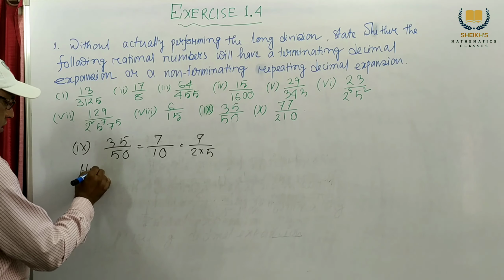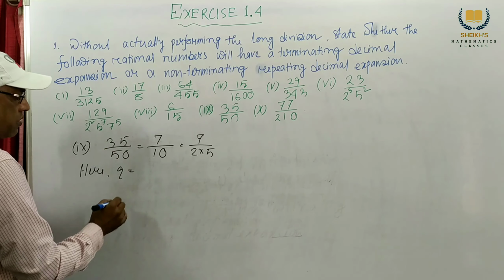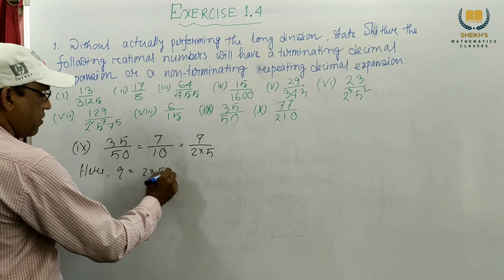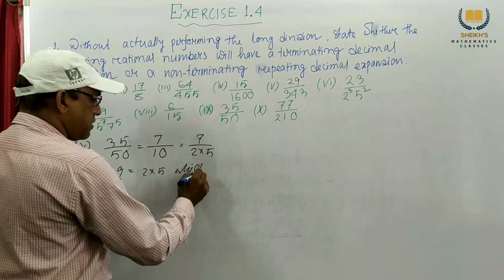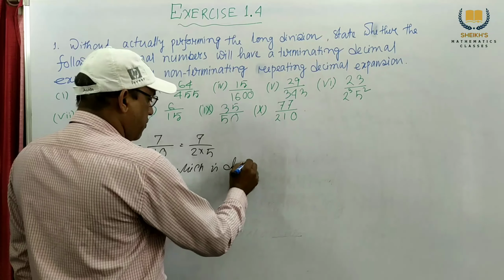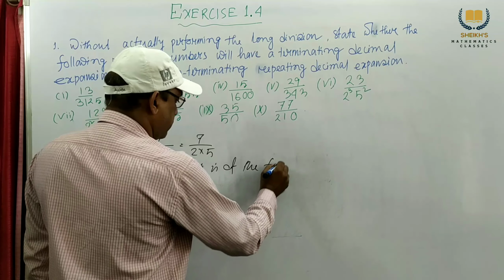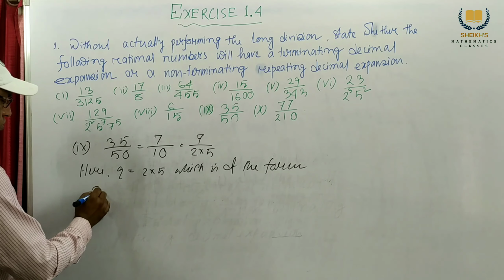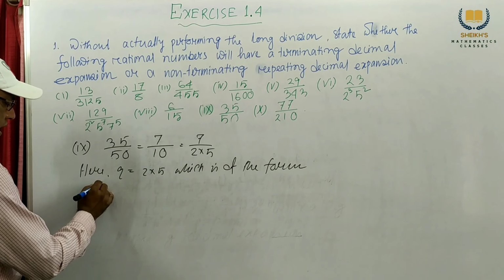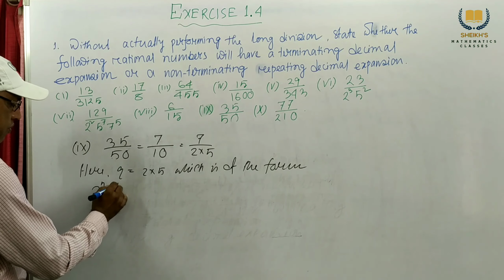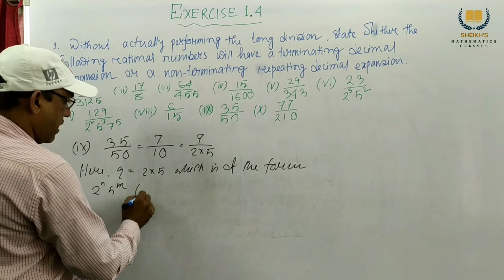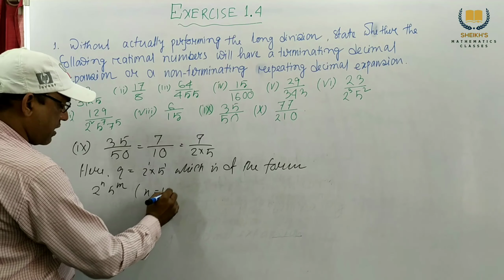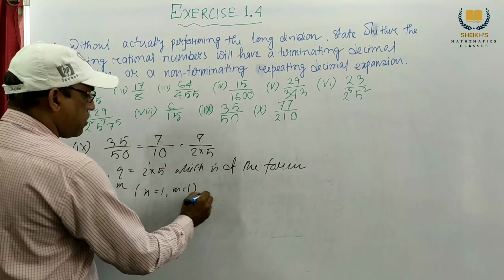Here denominator q equal to 2 to the power 1 into 5, which is of the form 2 to the power n, 5 to the power m, n equal to 1, m equal to 1.